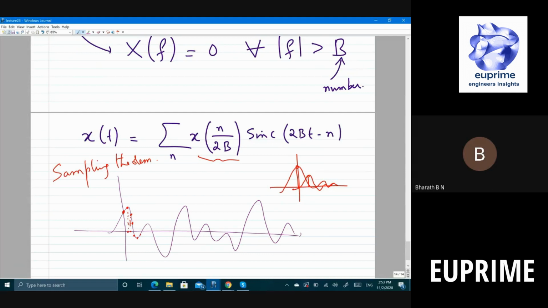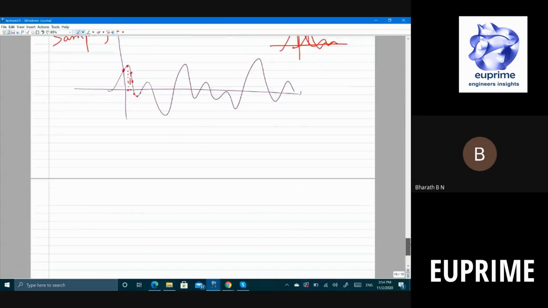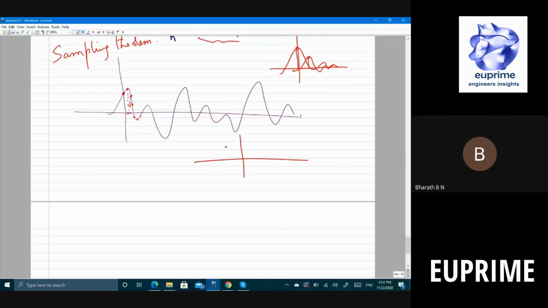Let's say this is what you have, minus b and b, in the Fourier domain. So what will be the corresponding signal x of t in the time domain? Yeah, sinc, right?